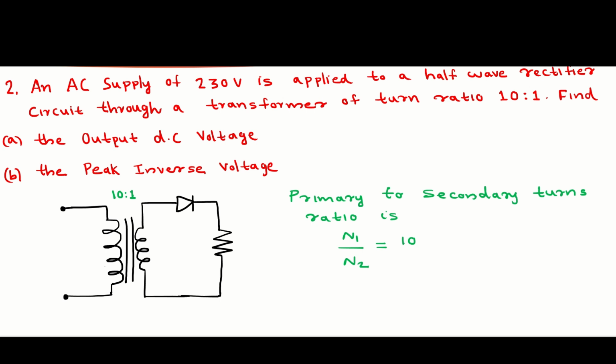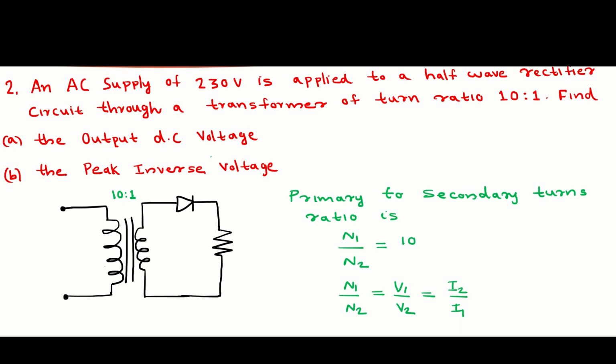And also we know the basic expression of a transformer: n1 by n2 is equal to v1 by v2, which is equal to I2 by I1.